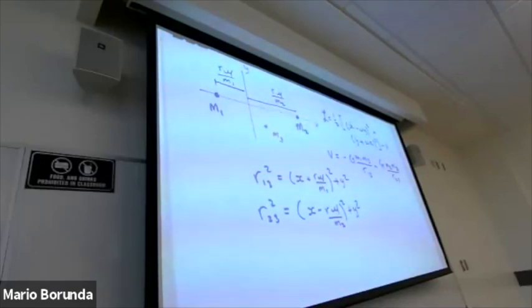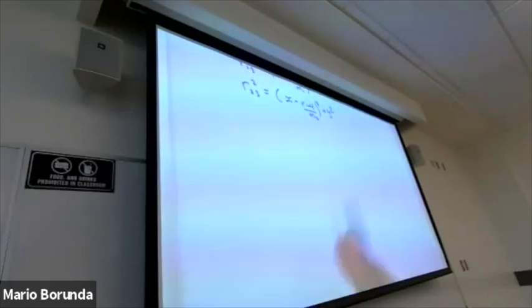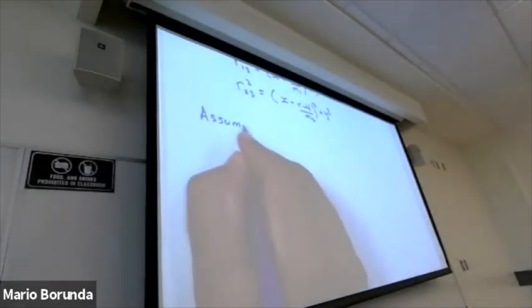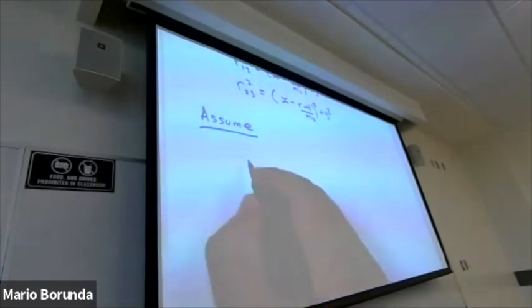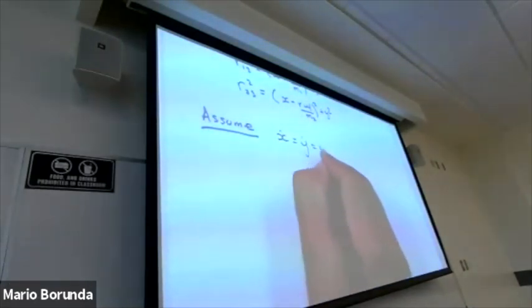So to start, we have to make a couple of assumptions to make some headway into this problem. So we start by assuming x dot is equal to y dot is equal to 0.